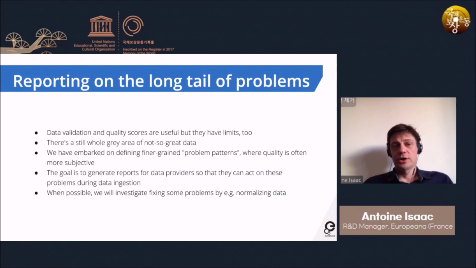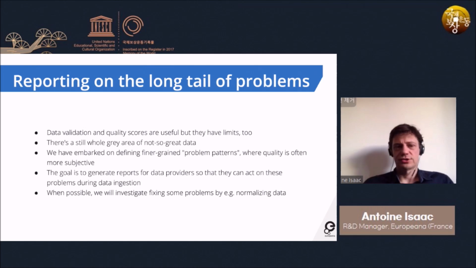So we have embarked on that, and now we are looking at a third option to address data quality, which is to report on what we call the long tail of problems. We have data validation, we have quality scores, they are useful, but they have limits too. There's still a whole gray area of data that is okay, but not so great.